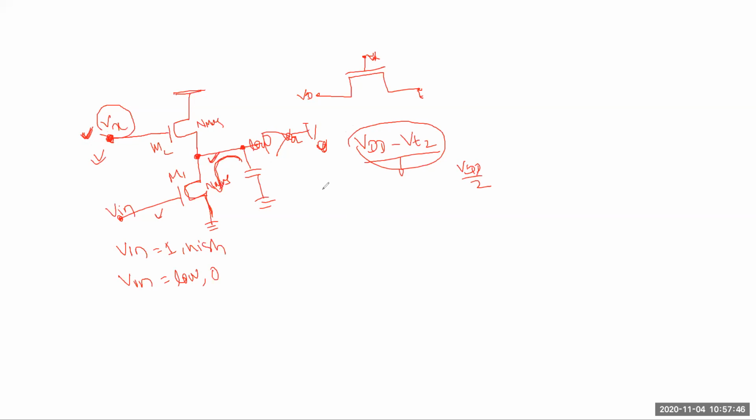That means to get VDD at this point always, we need to fix this voltage at least Vx plus Vt2, or more than that, or more than VDD. But how will we add this value? For that, we will add another transistor here. So this is the circuit.